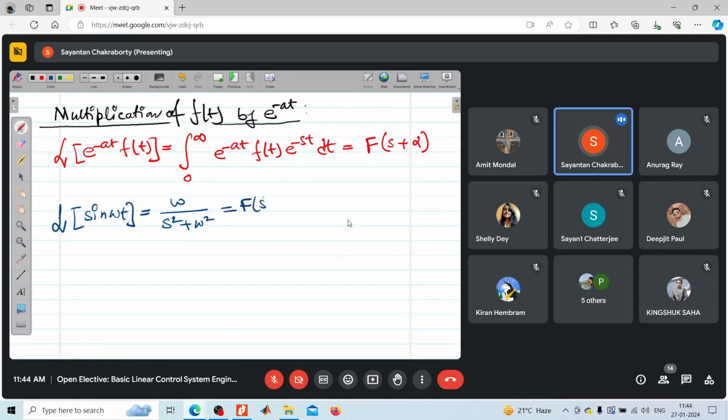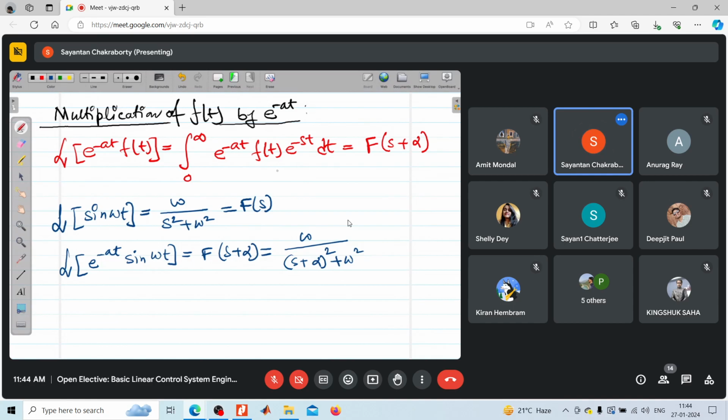Say that if that is F(s), then the Laplace transform of e to the power minus alpha t sine omega t will be F of s plus alpha. That means omega by (s plus alpha) squared plus omega squared. Things like that. So this will find application while dealing with different physical systems, right?